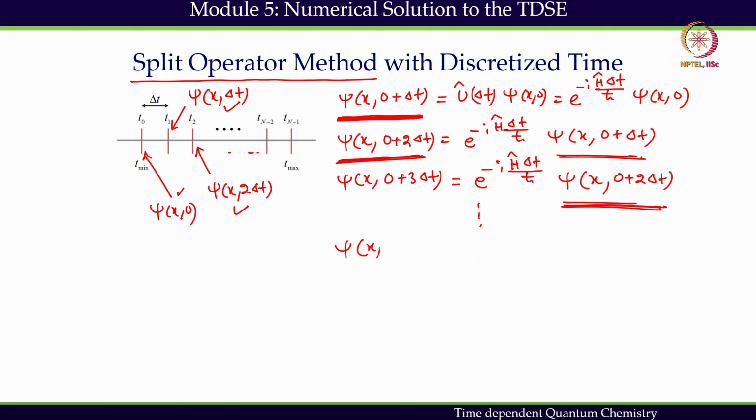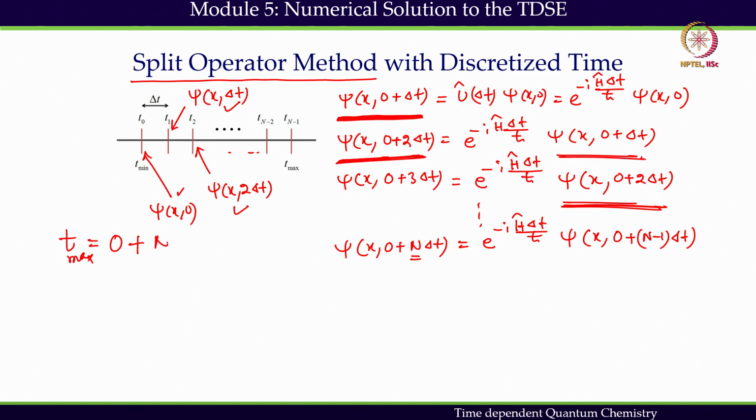The final step, let us say, is going to be psi(x, 0 plus n delta t), n number of steps I have gone in the time frame, and that is nothing but e to the power minus i H delta t by h cut, then psi(x, 0 plus n minus 1 delta t). Remember, I need the wave function just before this. So, the total time, t max, the maximum time I am going to, is the initial time plus n multiplied by delta t.